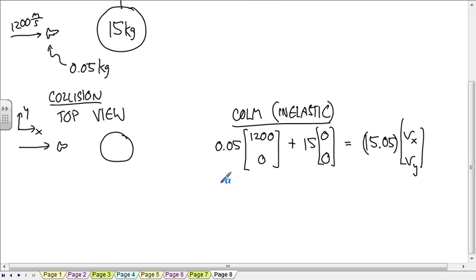And so you get Vy is equal to 0. Vx is equal to 60 divided by 15.05. What is it? 3.99.